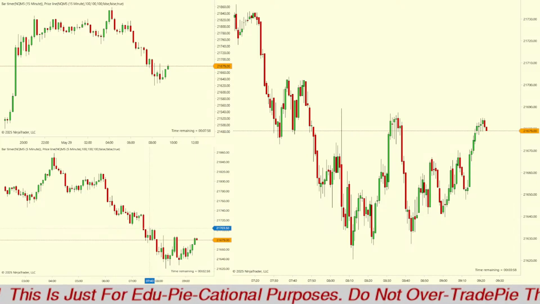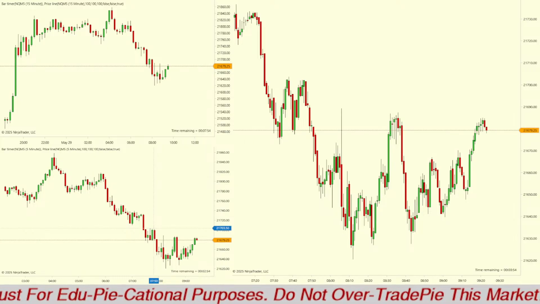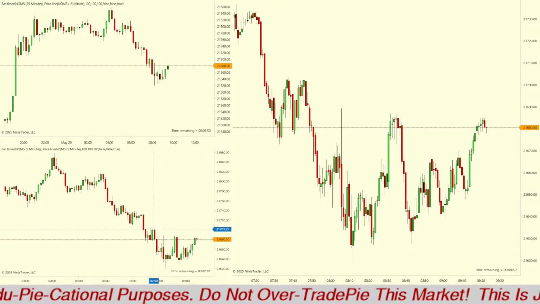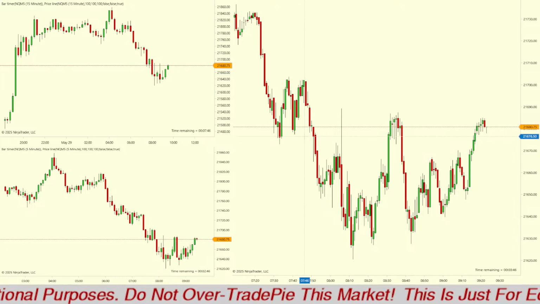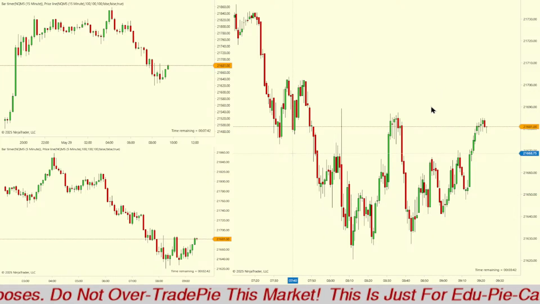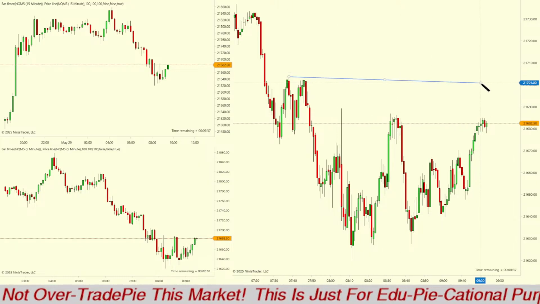But to me the first bias should be bullish and trying to reach 21,703. This is the first bias that I have. I highlighted that level on the 1-minute chart, so we know that we are interested in this line.